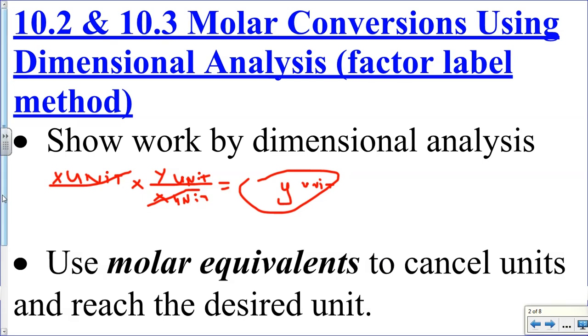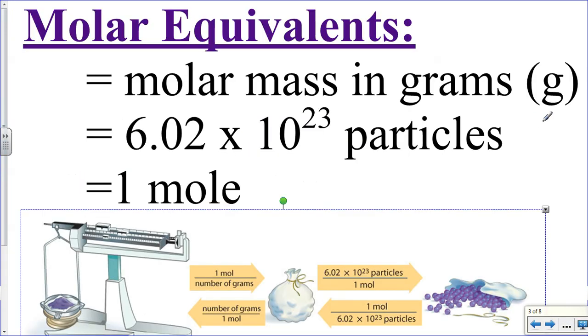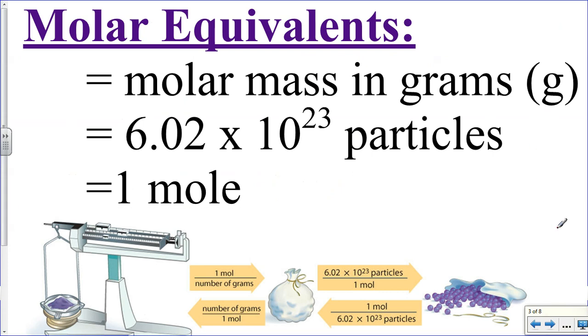Okay, so we are going to be using something called molar equivalence in order to cancel units out and reach our desired unit. And you're going to need to show all of your work and include proper units, and proper units will cancel off, and you'll wind up with a different unit in the end. So, molar equivalence. We've already learned about determining molar mass using our periodic table.